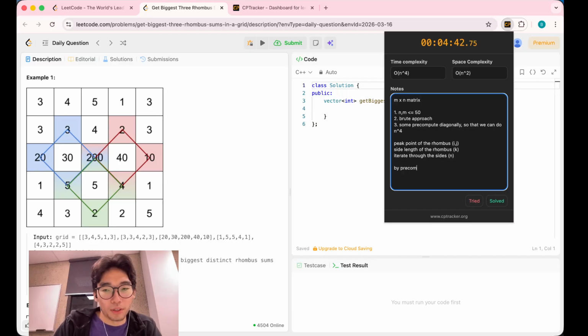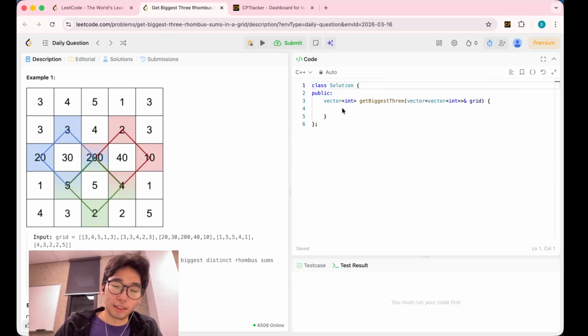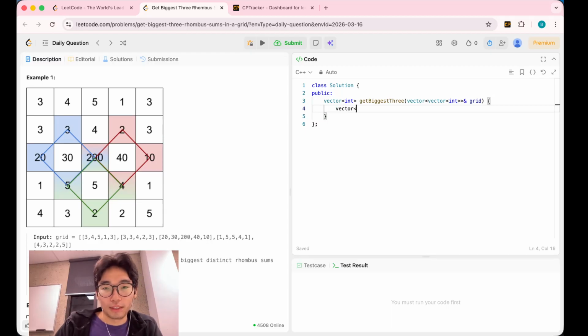By pre-computing diagonal sums, we can do an n cubed solution, that's for sure, but let's just do the n to the power of 4 solution.